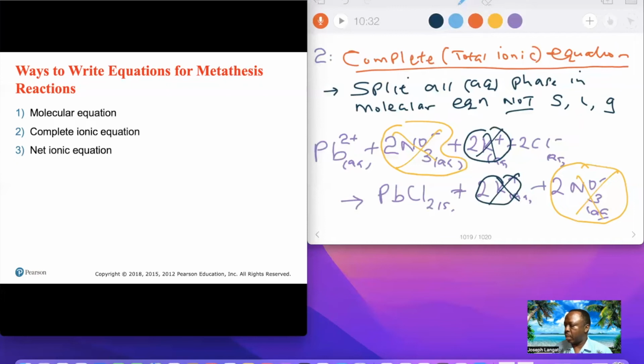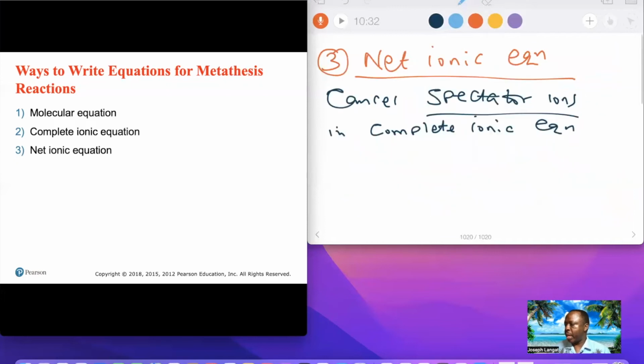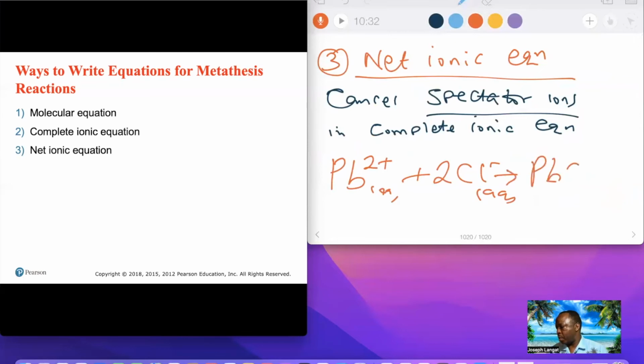No, it just changed. So if I write the net ionic equation for this, it's going to be Pb2 positive aqueous plus 2Cl negative aqueous, please indicate the physical state, giving us PbCl2 solid.